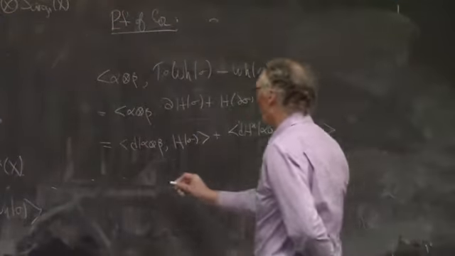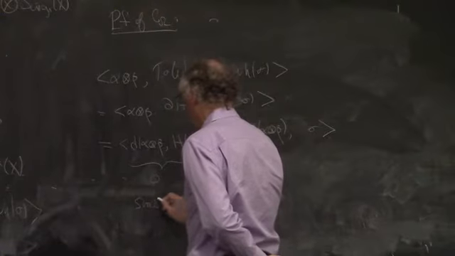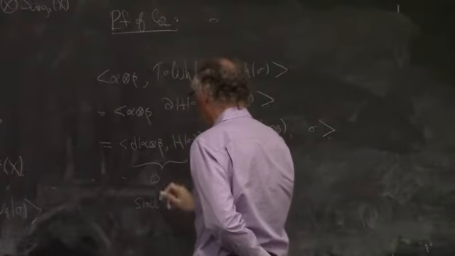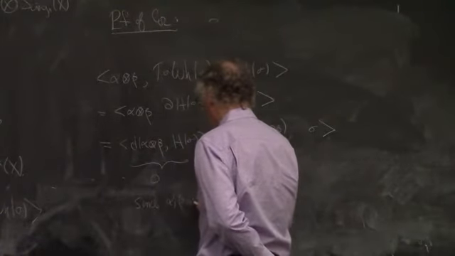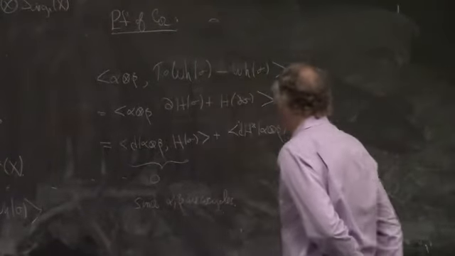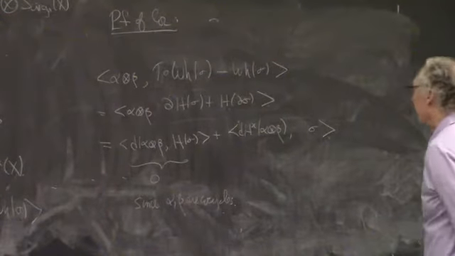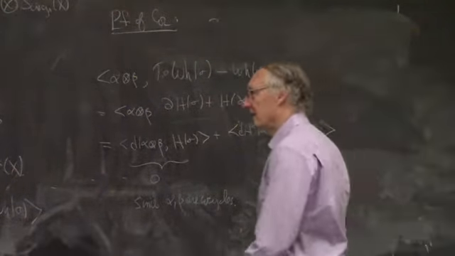Well, this is 0, since alpha and beta are cocycles, and hence their tensor product is a cocycle. Okay. So I have the formula for that.